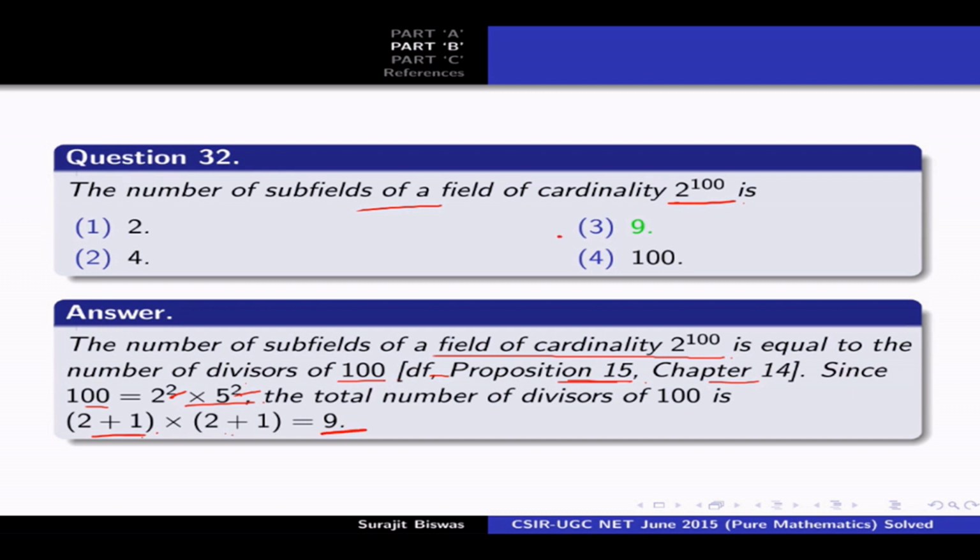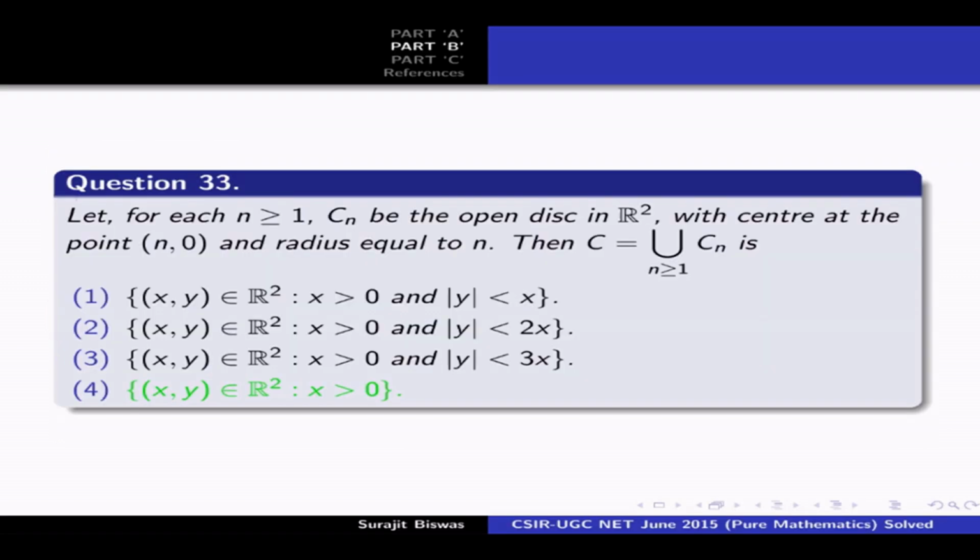Question number 33. Let for each n greater than or equal to 1, Cn be the open disk in R2 with center at the point (n, 0) and radius equal to n. Then C equals the union over n greater than or equal to 1 of Cn is the same as which set?